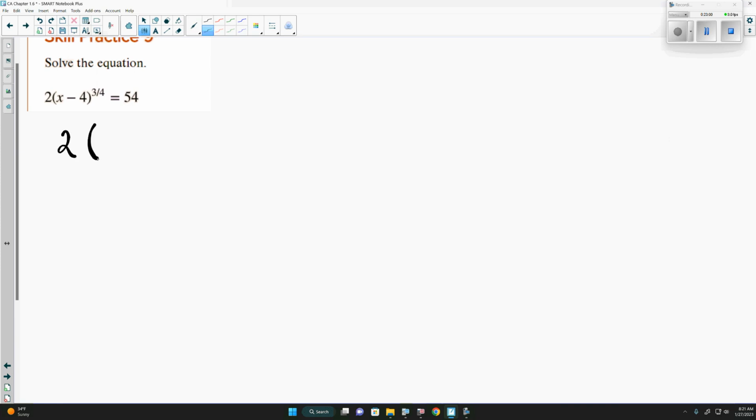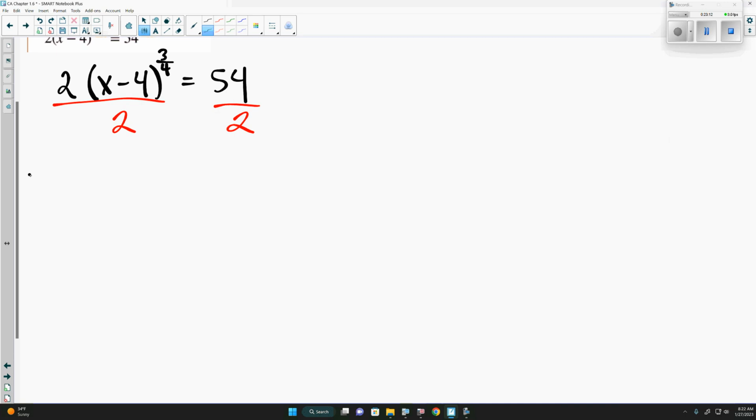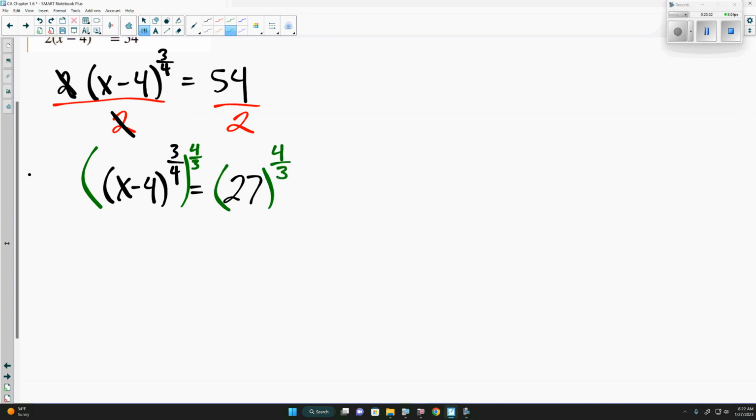So for this one here, again, to solve it, we want to get that set of parentheses by itself. So these here are going to cancel, telling us that x minus 4 to the 3/4 is equal to 27. And again, to simplify this, we're going to put both sides to the 4/3.